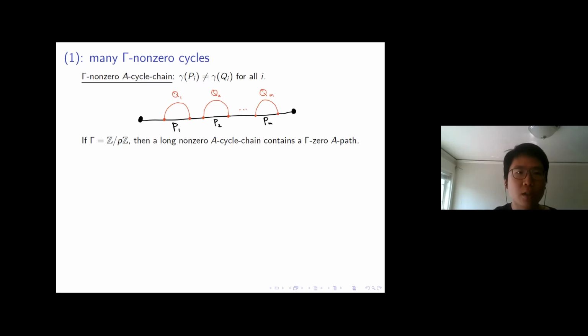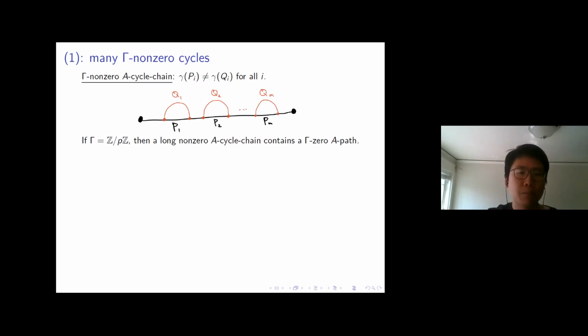And I call it a non-zero cycle chain if, for each of the cycles on this path, the two paths I can take to go from one side to the other give me different weights. All I care about is that they give me different weights. So if I get a long enough non-zero cycle chain, then I can reroute the path along some subset of these red paths.